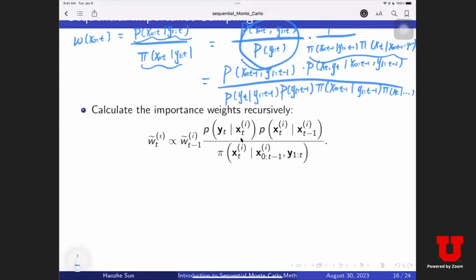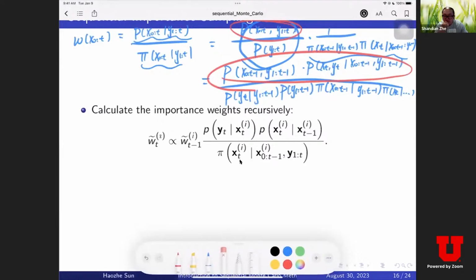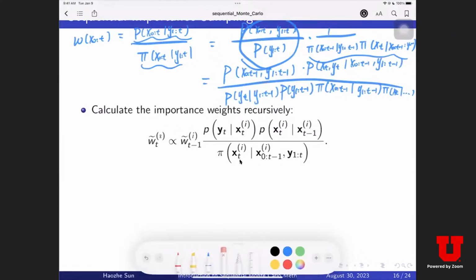I think this part is very easy to understand. It is because of this part, right? You can see it. We can get it from this part, and for this part, we can get it from this part.